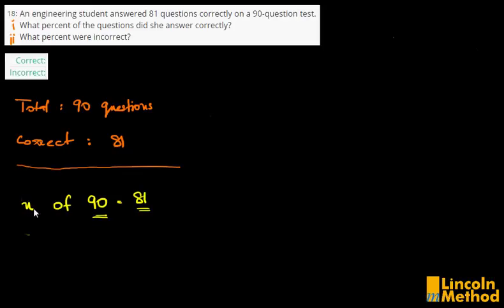So let's suppose that for the time being, the percentage of the questions that she solved correctly is X percent. Now we have an expression which we can solve mathematically and find the value of X. This X right here is what we're concerned with.